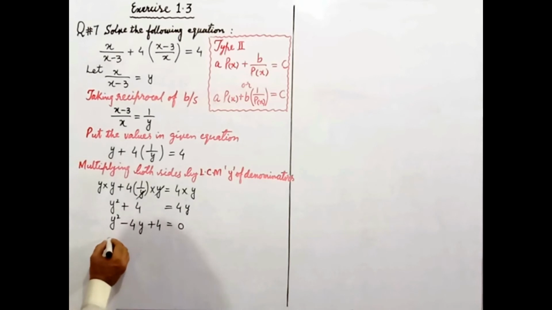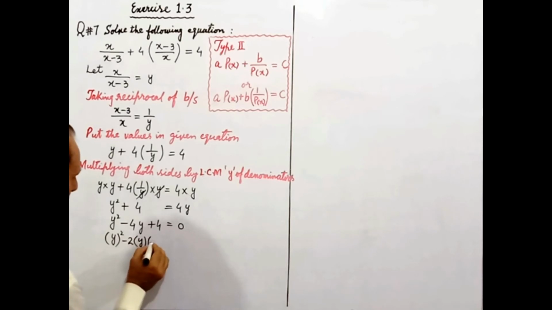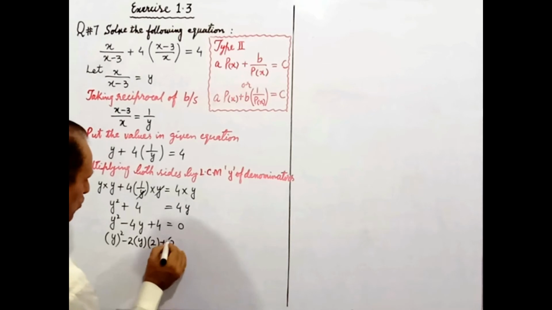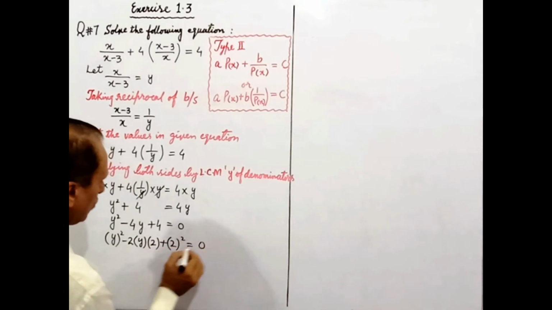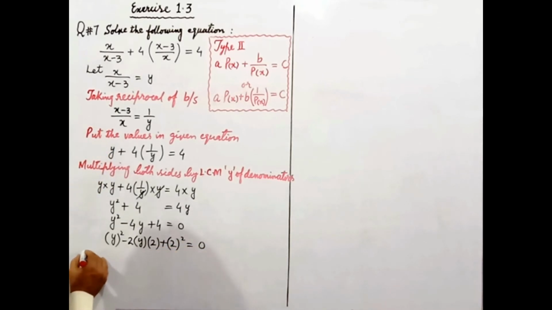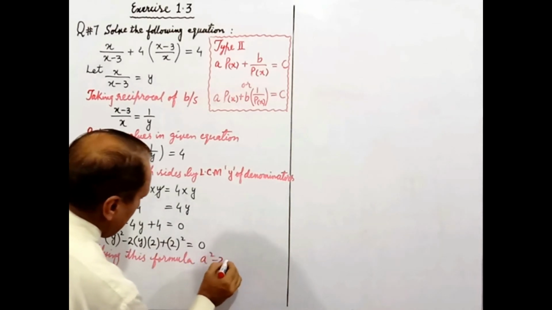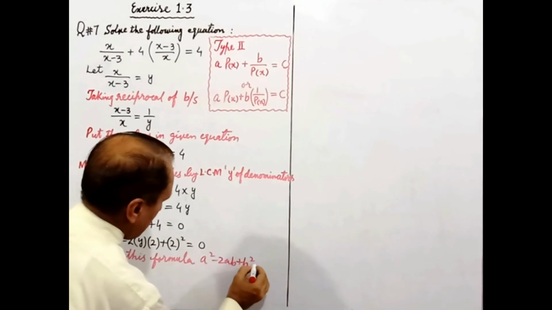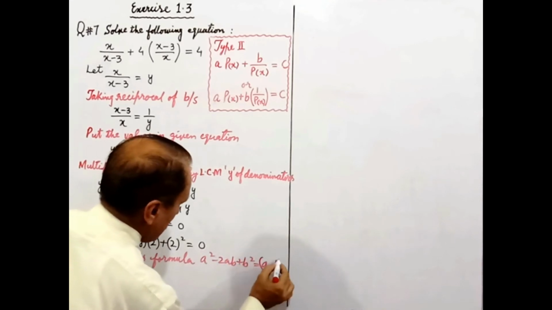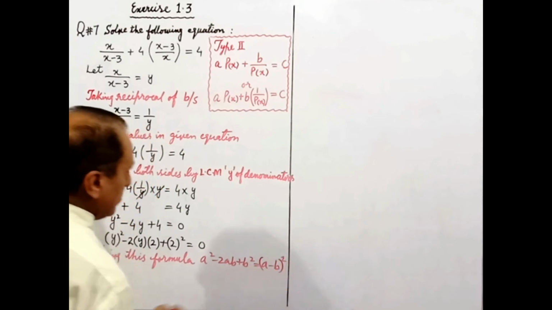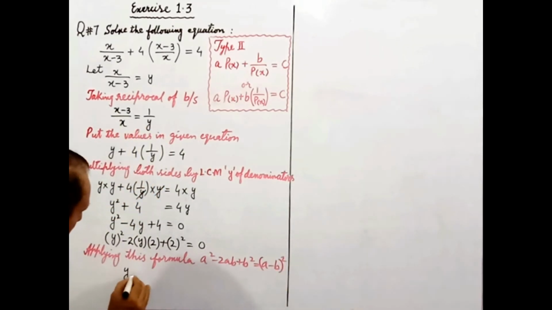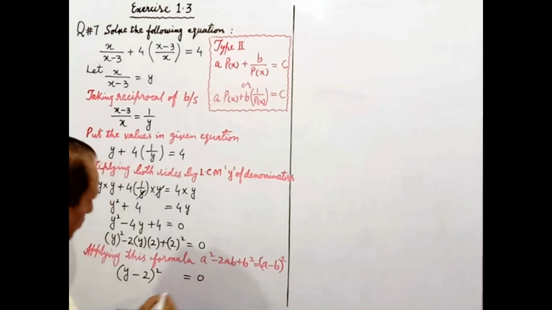Now we write in the form of formula: y square minus 2 into y, the value of b is 2, plus 2 square is equal to 0. Applying the formula a square minus 2ab plus b square is equal to a minus b whole square, we have y minus 2 whole square equal to 0.